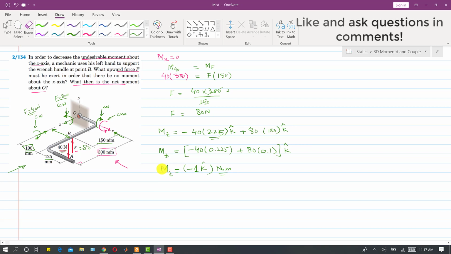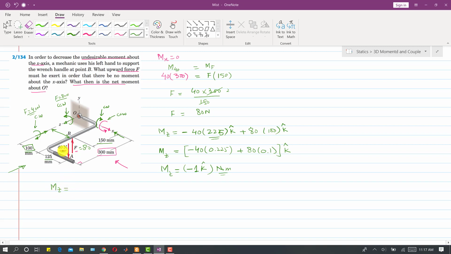In the previous problem, it was given that this wrench should be used with bolts having low torque specification. So this is very low torque, minus 1 Newton meter. In order to cancel the moment about X, we have to sacrifice the moment about Z as well. In the previous problem, when there was no moment about this point B, what was the moment about Z? We can calculate it again by inspection.